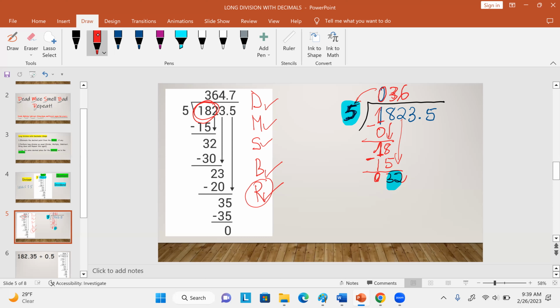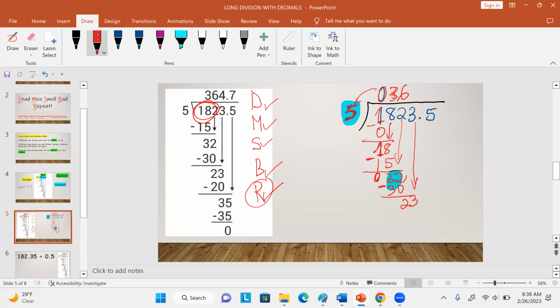And 6 times 5 is 30. 32 minus 30 is 2 minus 0, which is 2, and 3 minus 3 is 0. So the answer is 2. We bring down the next digit, and we have 23.